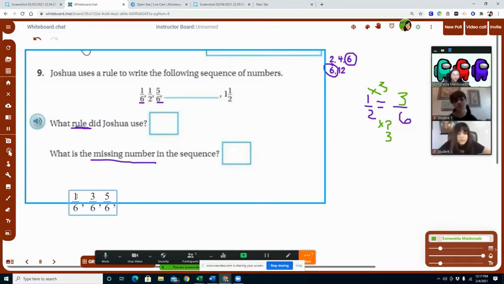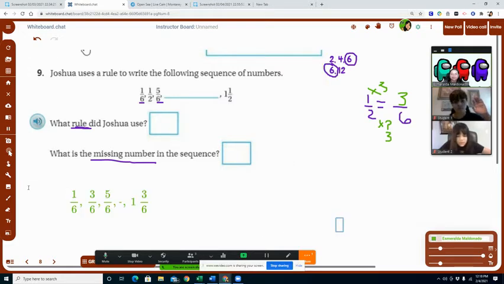Then the next one we don't know, so I'll just write a fraction symbol. And then the last one is 1/2, but I already know the equivalent fraction of a half, so I could just write 1 and 3/6, right? There you go. So now first we need to find the rule.